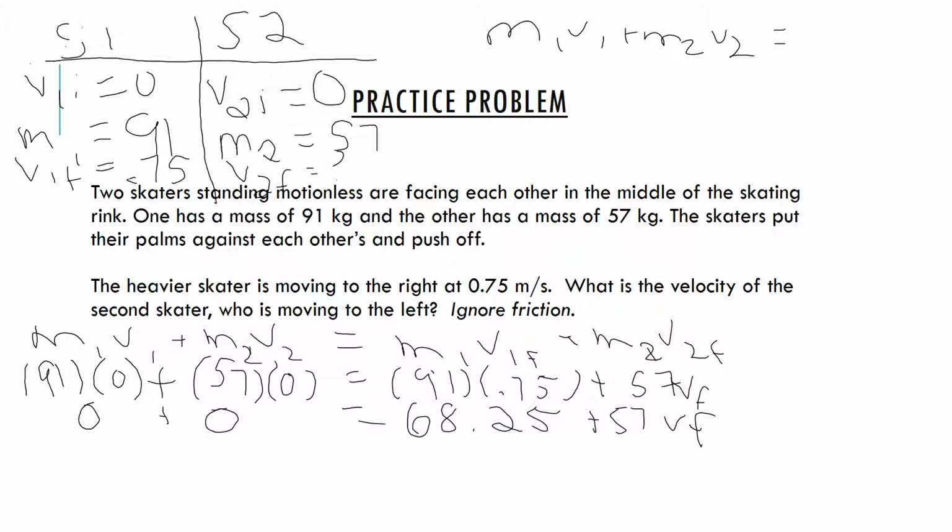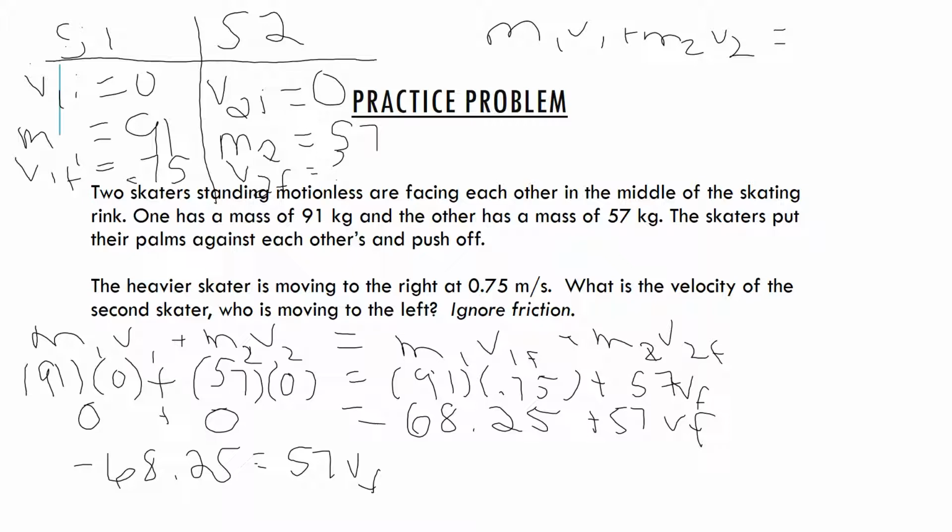All right, so at this point this is an algebra problem. Our VF is essentially our x. So now we've got to isolate our variable. What we're going to do is subtract 68.25 from both sides. So it becomes negative 68.25 equals 57 VF.